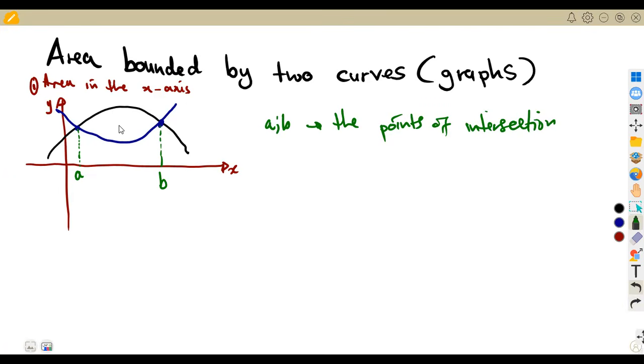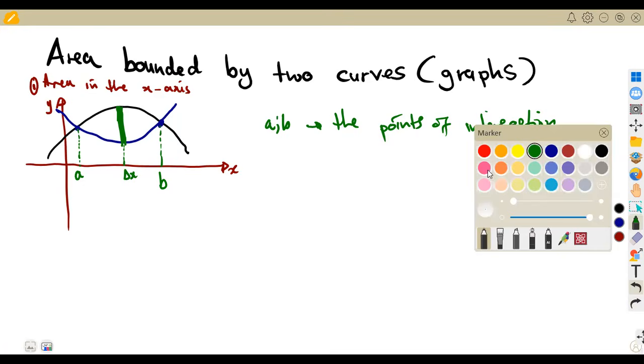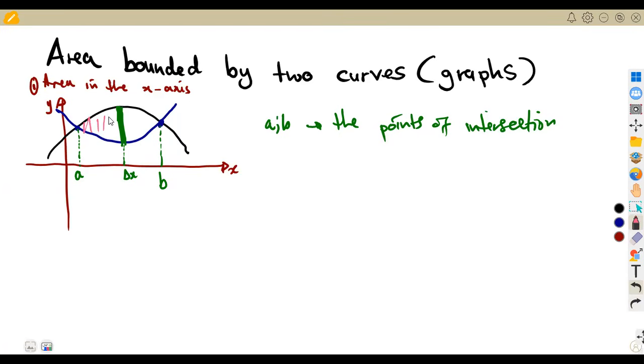All right, so given this, meaning to say the area, we can have our representative strip for the area that is bounded between these two, that is between the points of intersection of the two graphs. That is, we are referring to this area in between from this point, all this part here.